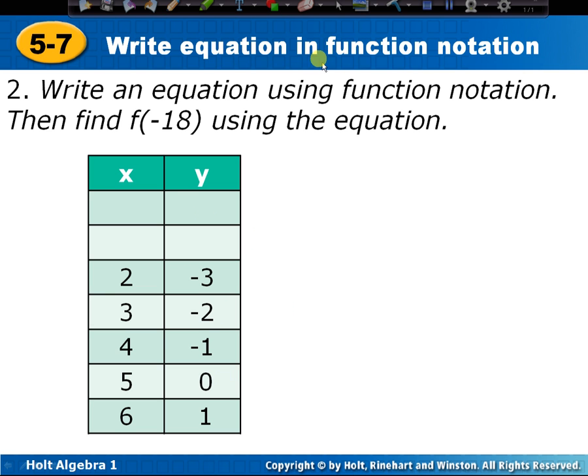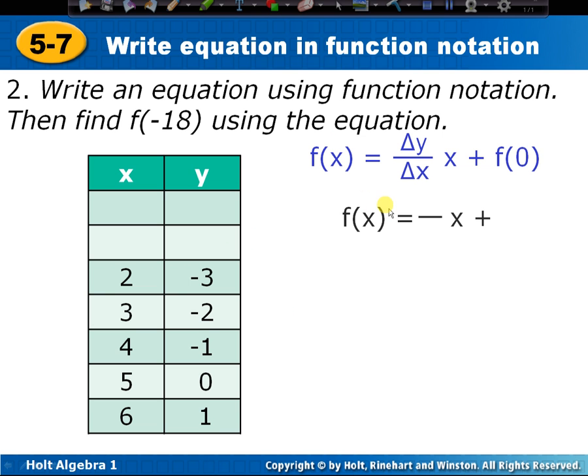The first thing we have to do again is to fill in our rule and function notation, which means that we're finding the change in y and the change in x. So in order to find the change in y and the change in x, we have to think what is happening from 2 to 3 to make it go from 2 to 3. We're adding 1 here.